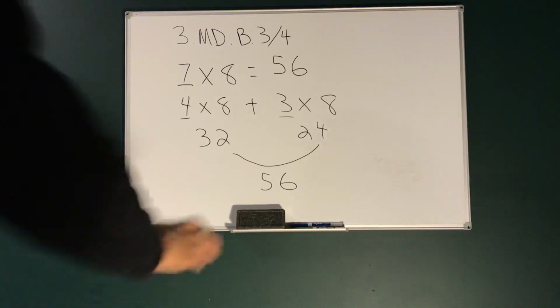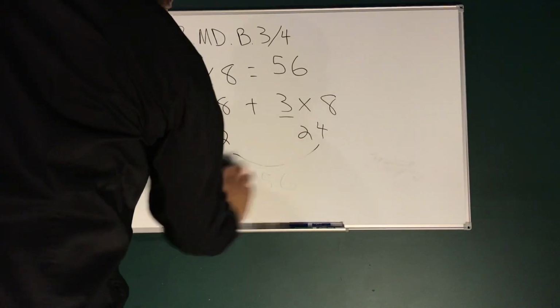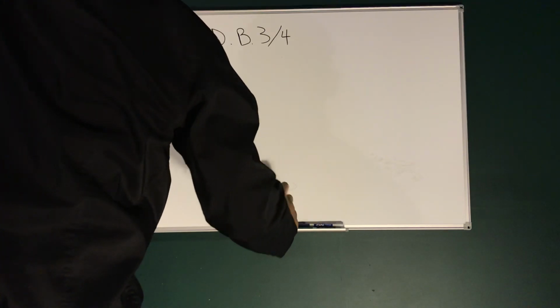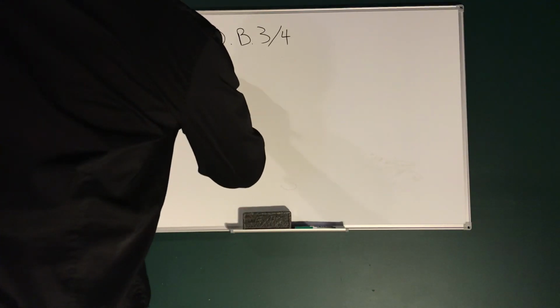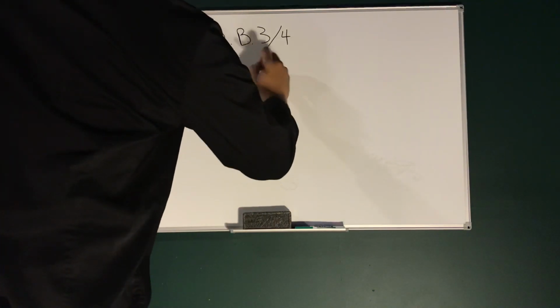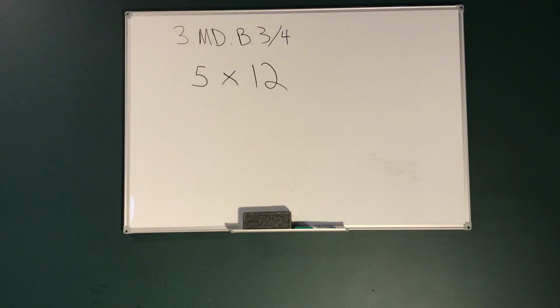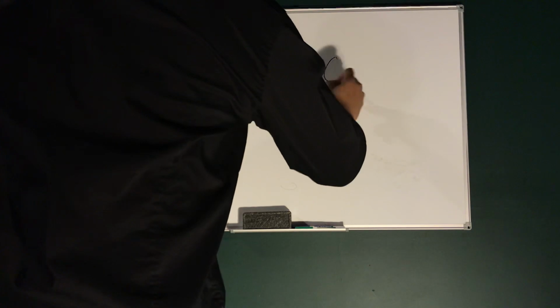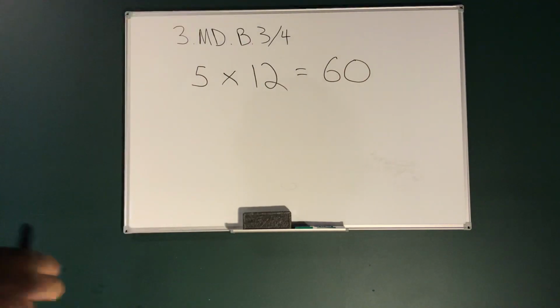Let's try another problem. Five times 12. Now we know that answer, 5 times 12 is 60. But how do we get 5 times 12 is 60?